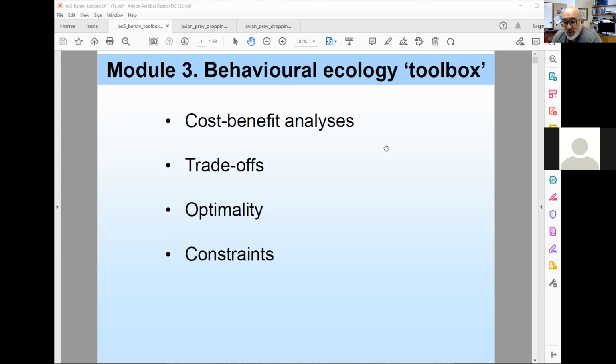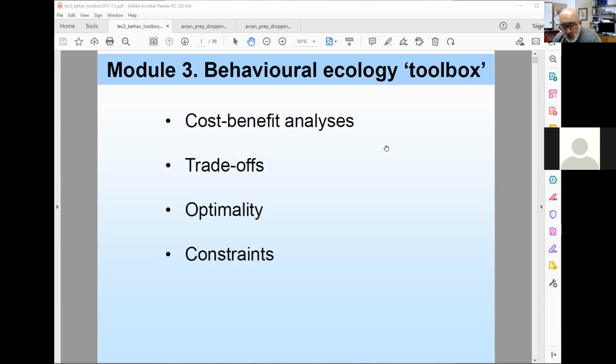In order to assess behavior in that context, we need to use a couple of different approaches, I can call them tools, that would allow us to assess the adaptive nature of behavior. And we can make predictions about what we expect behavior to be based on some of these approaches.